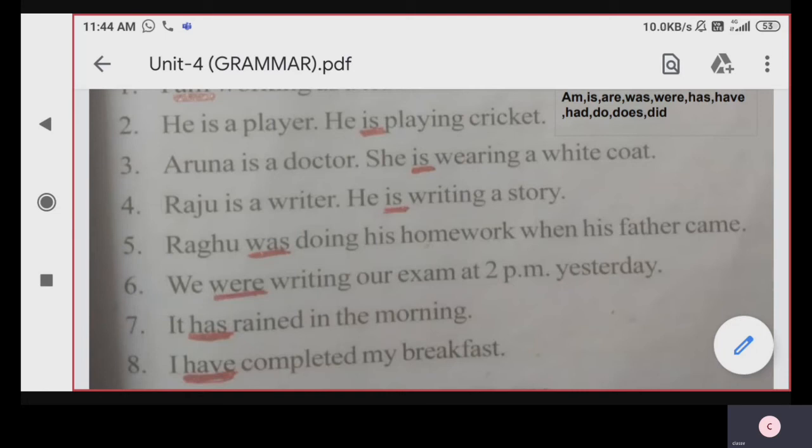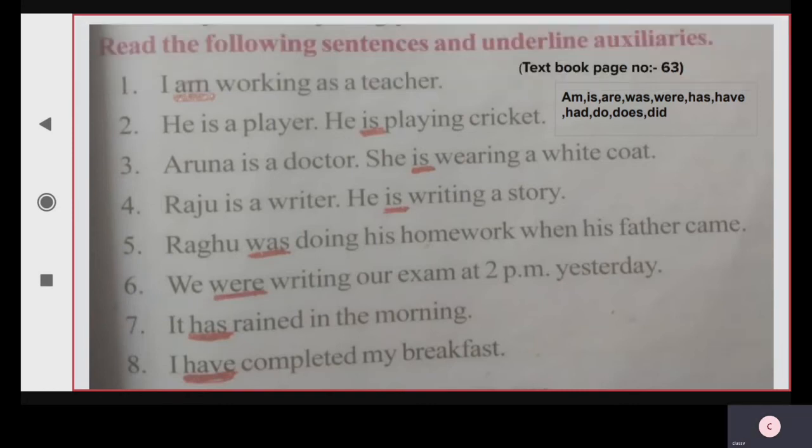Let's see the second sentence now. He is playing cricket. In this one, the word is is used before the verb playing. Hence, the word is here acted as an auxiliary. So, children, underline the word is, which is used before the verb playing.